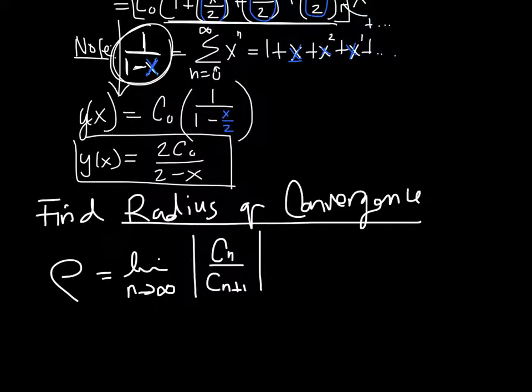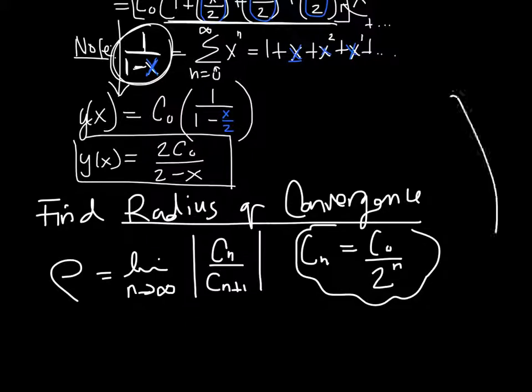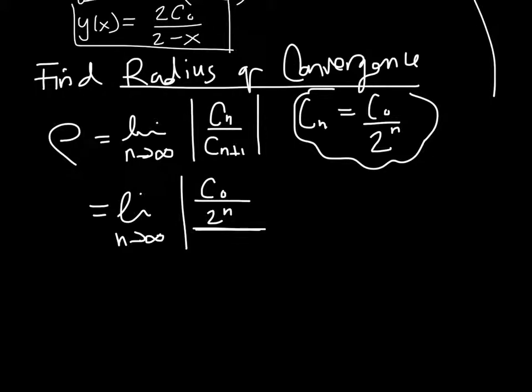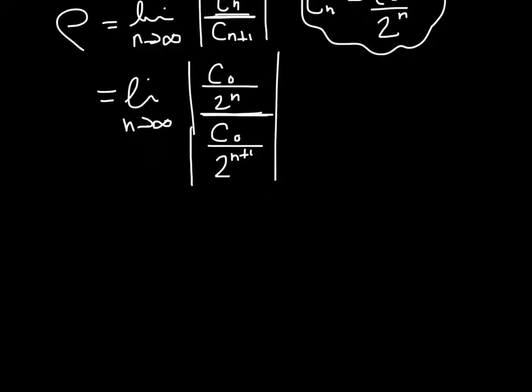Now here, our cn's are c naught over 2 to the n, that's what we figured out from above. So we're just going to use a formula. The limit as n approaches infinity of cn, that's c naught over 2 to the n, divided by c n plus 1, which is c naught over 2 to the n plus 1.